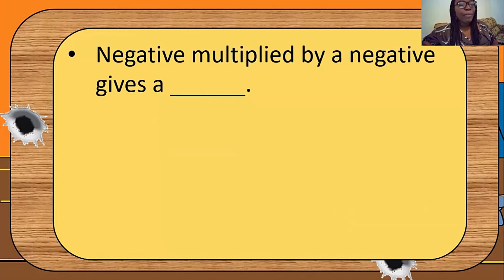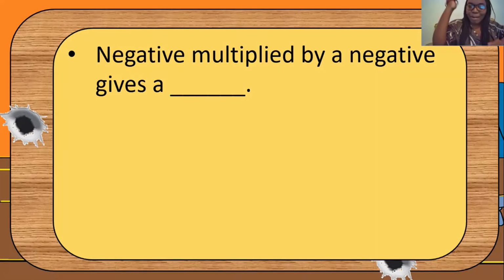Here we go with another one. A negative multiplied by a negative gives a positive. Yes, it gives a positive. So when you're multiplying a negative and a negative, you get a positive.